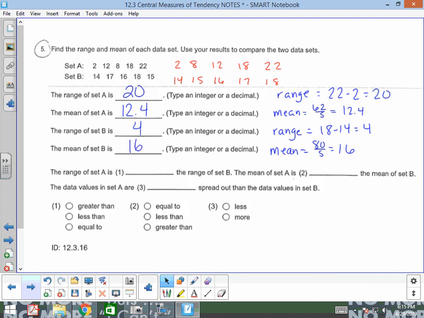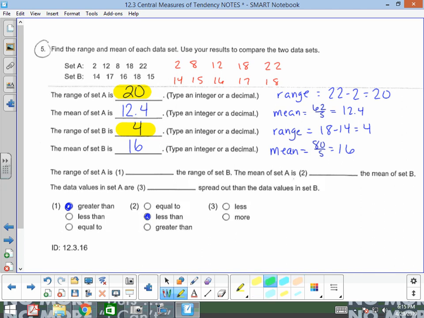Now, the range of set A is greater than the range of set B, because the range of set A is 20 and the range of set B is 4.